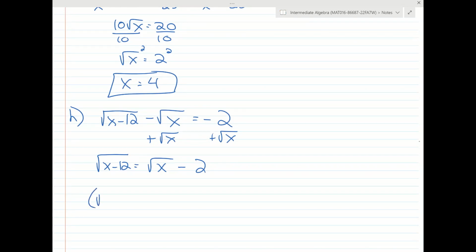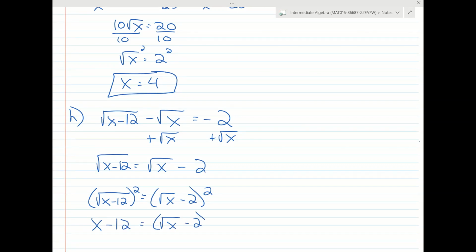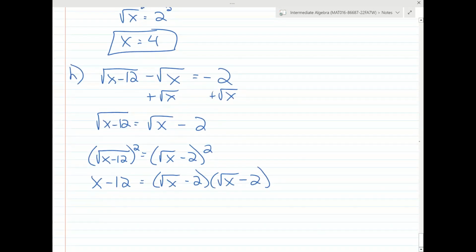And then we can square both sides, which cancels out this radical, but over here we have to multiply the square root of x minus 2 times the square root of x minus 2, which is just x minus 12 is equal to x minus 4 root x plus 4.